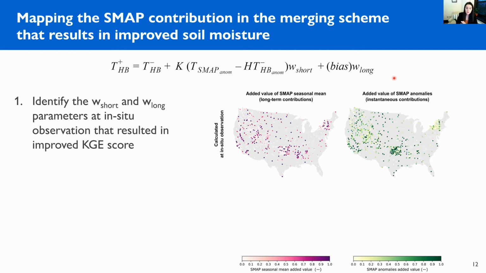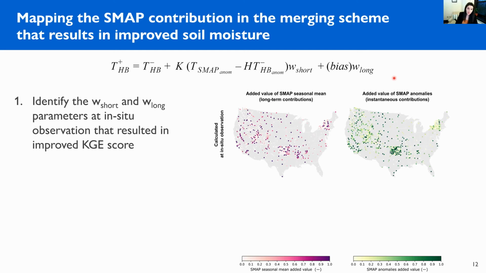We identified that, depending on the location, soil types, and characteristics, SMAP contributes to the merged soil moisture in different manners, as shown in this figure, where 0 shows where SMAP didn't contribute to the merged soil moisture, and 1 where SMAP contributed a lot. What we can see is that it varies a lot in space.